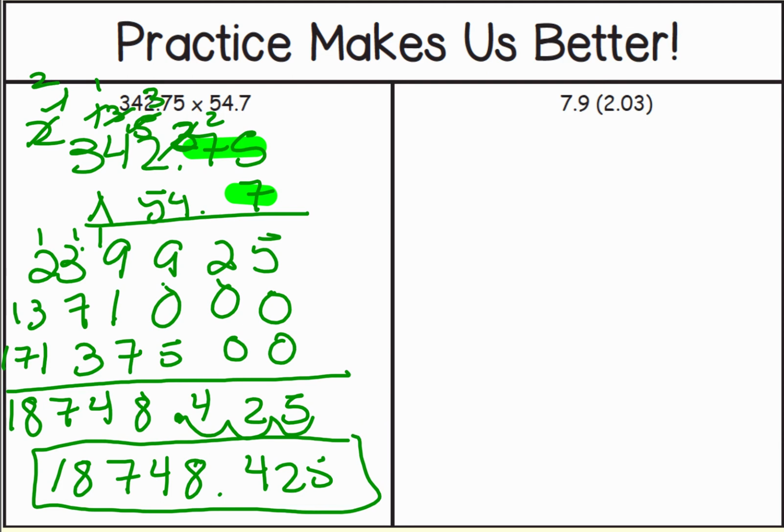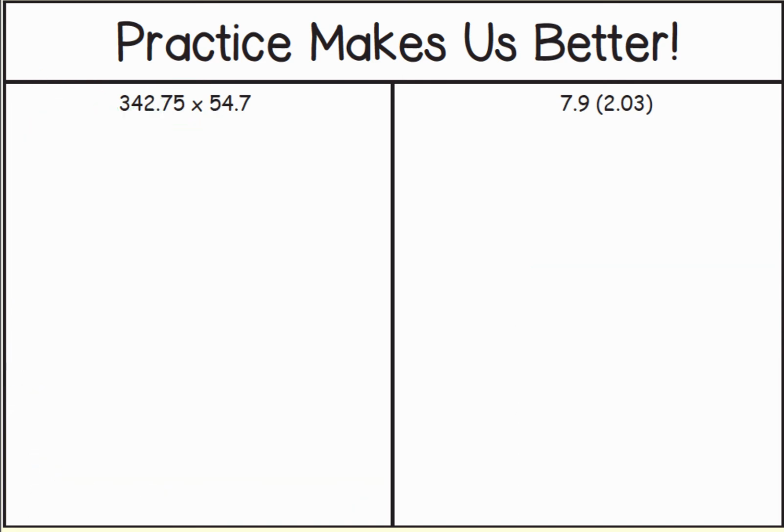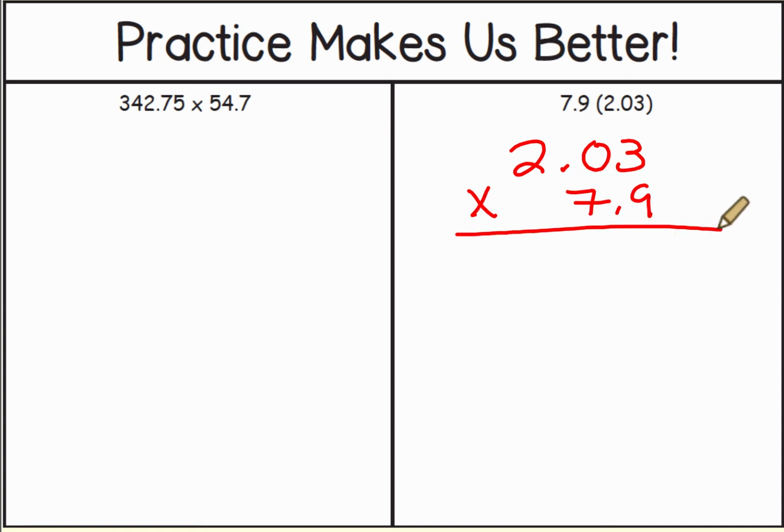Okay, so pause it again and see how you did. First I want you to note that because multiplication is commutative, I changed the order so that I had most digits up at the top and the least digits at the bottom.